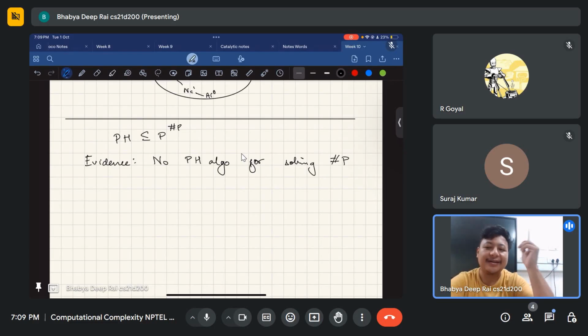Take the hardest instance of that, or the hardest algorithm to solve that, and it still won't be able to solve sharp P.